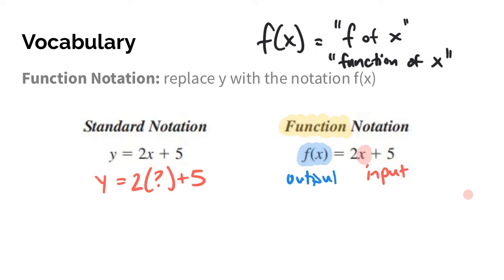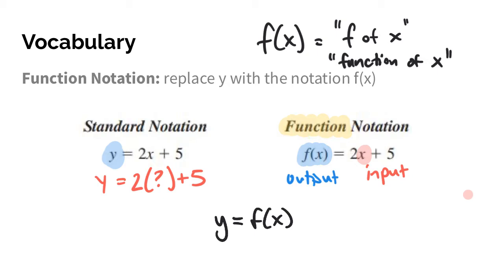So simply what we are doing is instead of writing y when we would write in standard notation, we're writing f of x. So know that y and f of x literally mean the same thing. The only thing that's different is in function notation, we're going to see our inputs and outputs labeled differently.